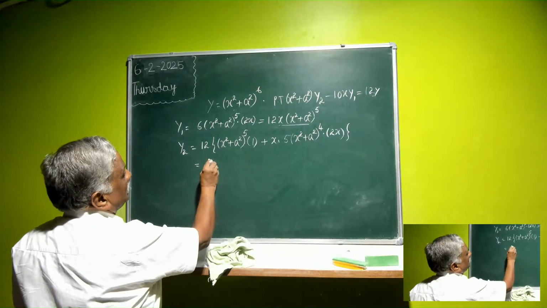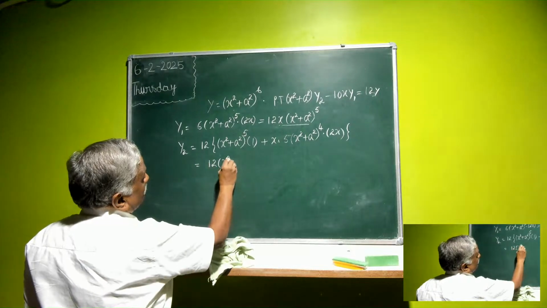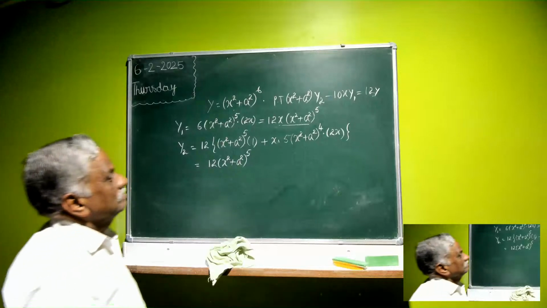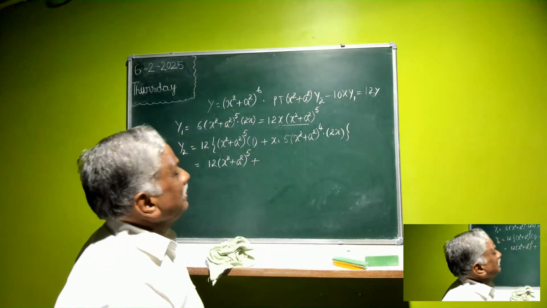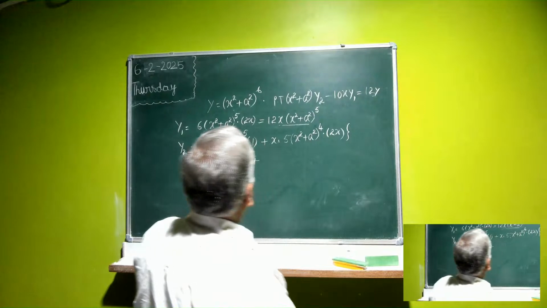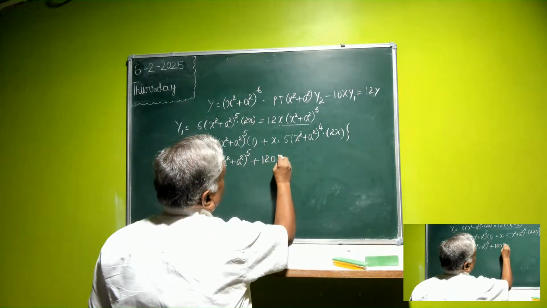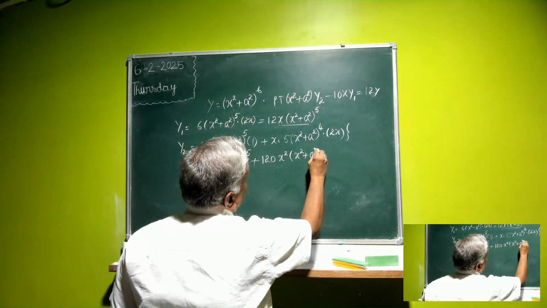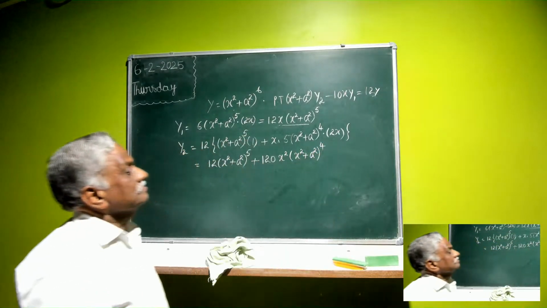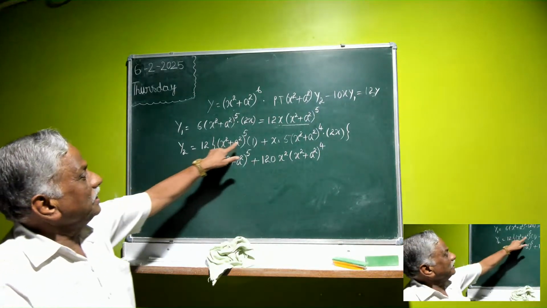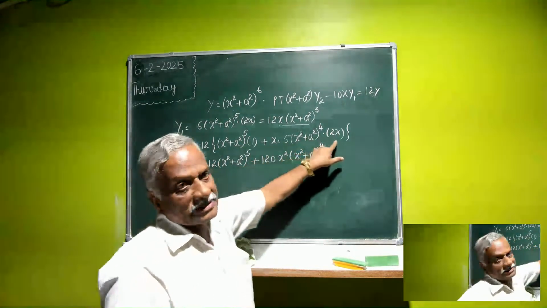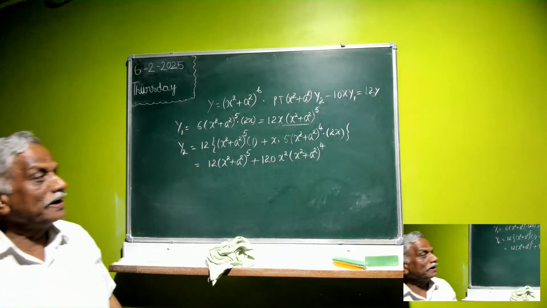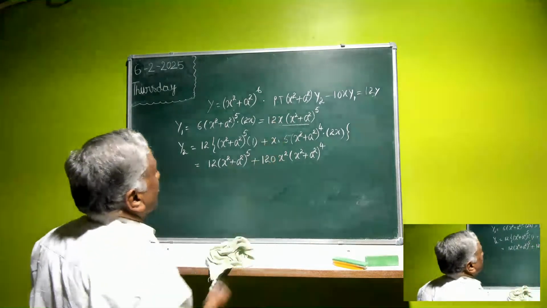So this is 12 (x square plus a square) to the power of 5, plus, how much do you get here? 5 into 12 into 2, 120 you get: x square into (x square plus a square) to the power of 4. 12 into 1 is 12. 5 into 2 is 10. x into x square, when you multiply that by 12, you get 120. Now, we have to arrive at that. This is y2.